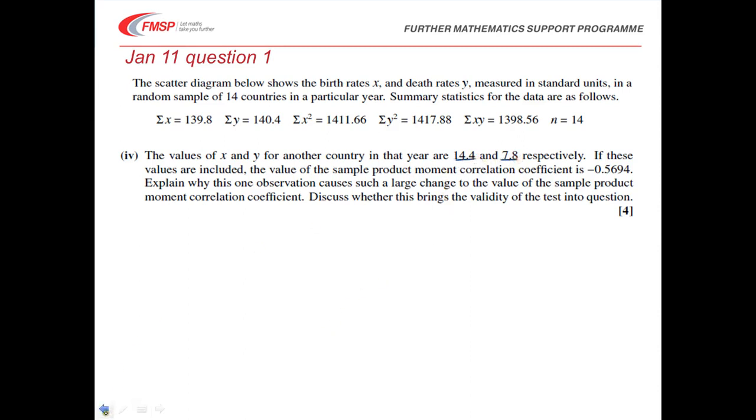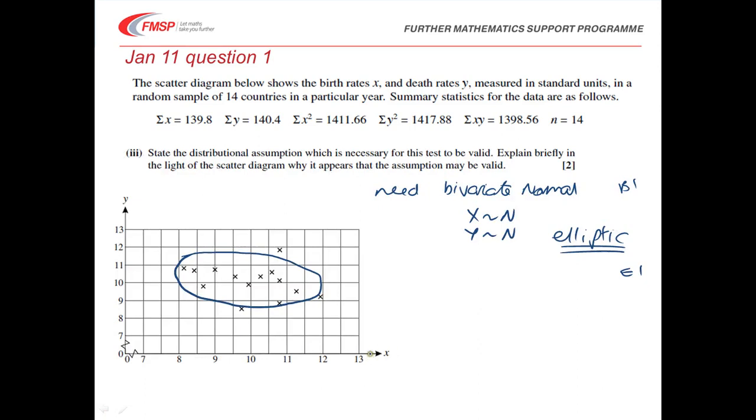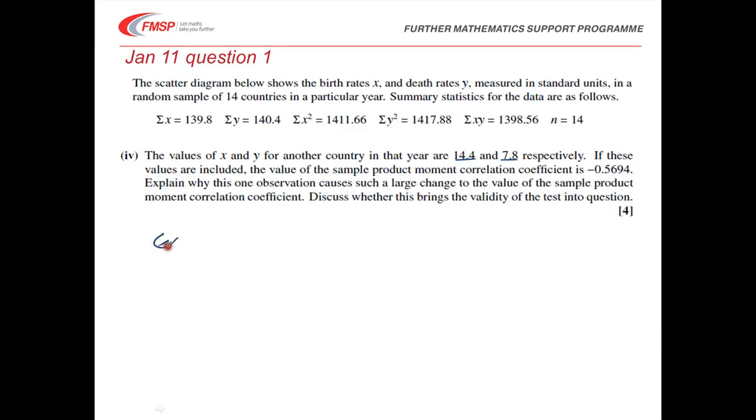If we look at the graph again, 14.4, 7.8 is going to be down here somewhere. So the data point is a long way from the others. It's below and to the right of them. So that's really important. So it's extremal, and it's below and right.